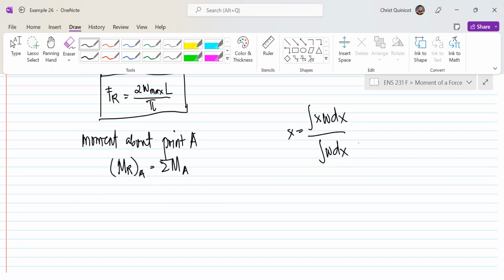If you observe our denominator, which is the integral of w dx, that is actually our F sub R, right?